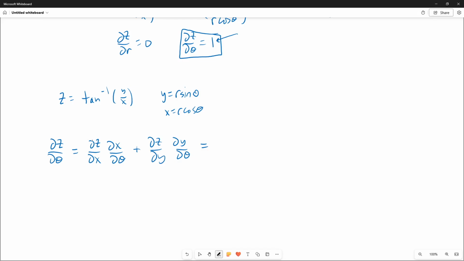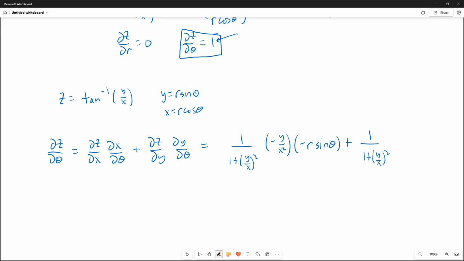And we calculated the partial z with respect to x already. It's 1 over 1 plus y over x quantity squared times negative y over x squared. And now dx d theta, the derivative of x with respect to theta, is negative r sine theta. And then we have plus partial derivative of z with respect to y. We calculated that earlier as well. 1 over 1 plus y over x squared from the derivative of the inverse tangent.